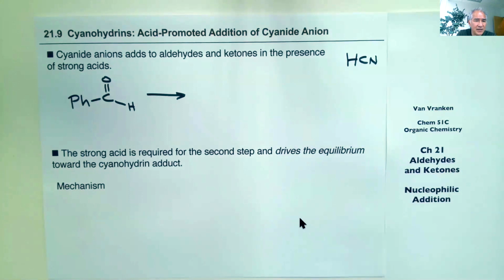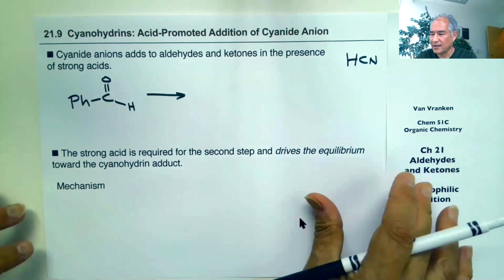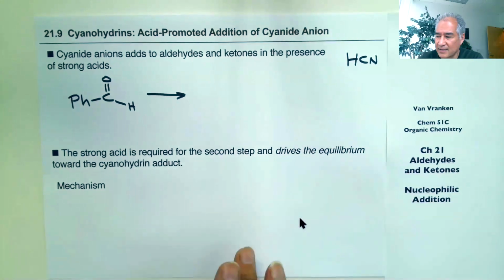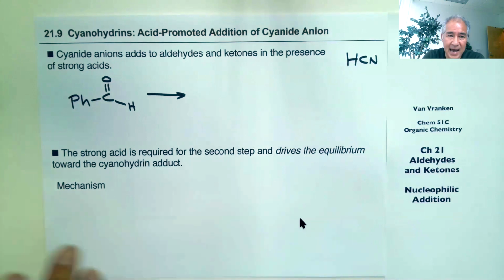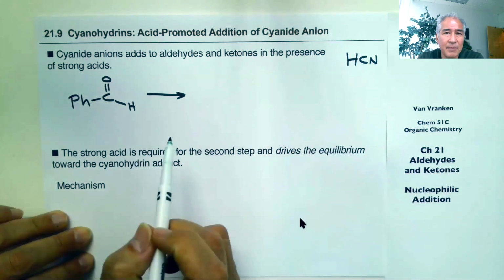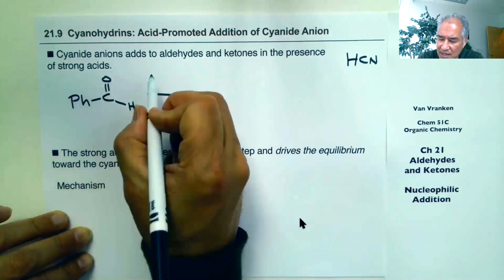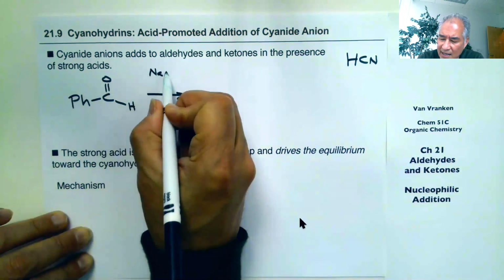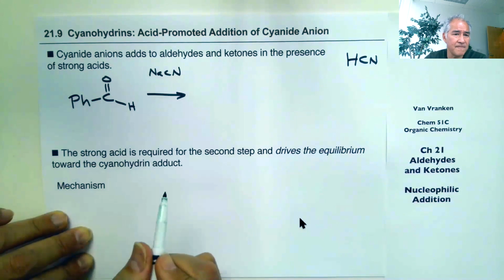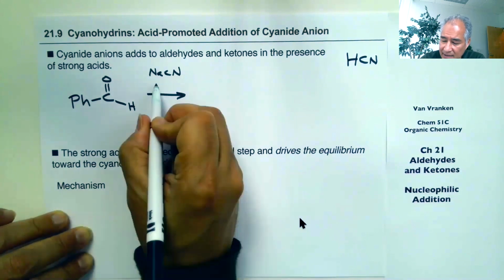Hydrocyanic acid is something you can't buy as a solution. They don't sell hydrocyanic acid as solutions. You can buy it as a gas, but nobody wants to use that as a gaseous reagent. So we make this in the laboratory by mixing two chemicals together, but you're really just making HCN. So we mix sodium cyanide, which is a white powder, with hydrochloric acid.